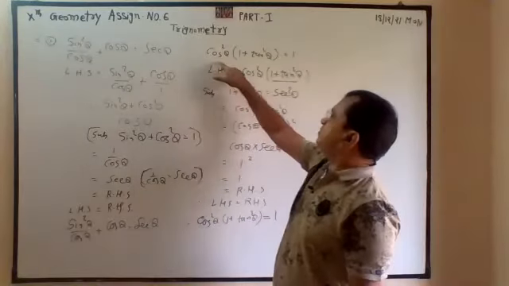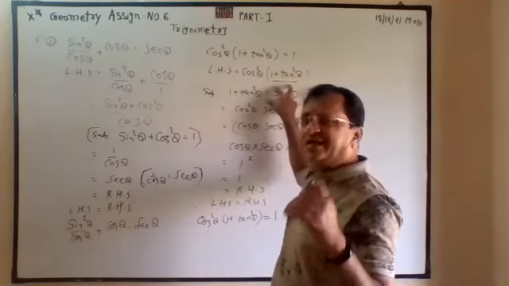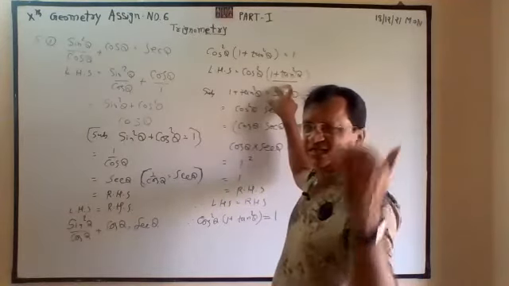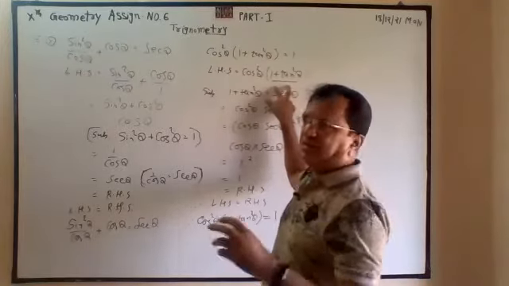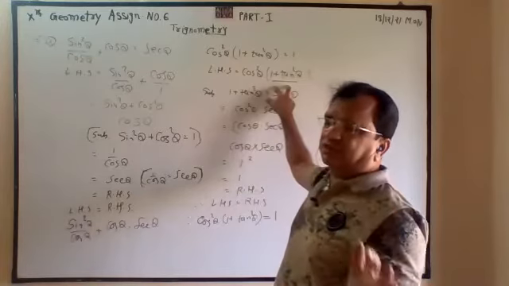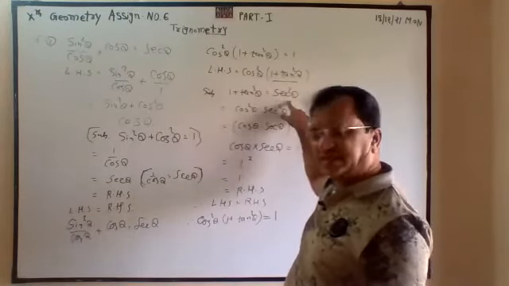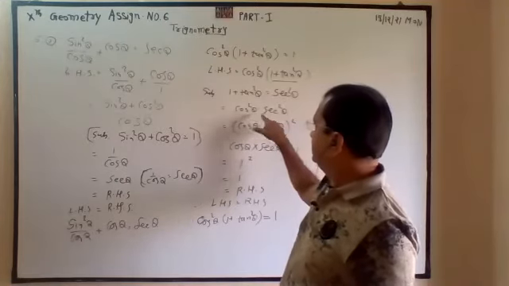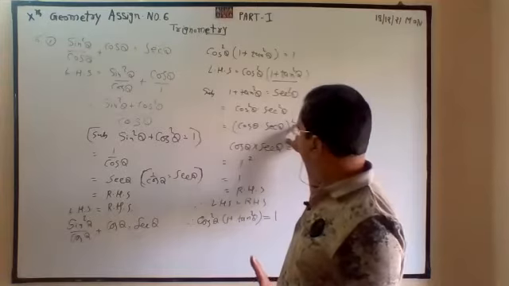Again, this much I have taken as the left hand side. I know the identities. First identity: sin square plus cos square is equal to 1. Second identity: 1 plus tan square is equal to sec square. Third identity: 1 plus cot square is equal to cosec square. So I am using the second, which is equal to sec square. So I am writing sec square. Sec square cos square, so overall square because both are squared.